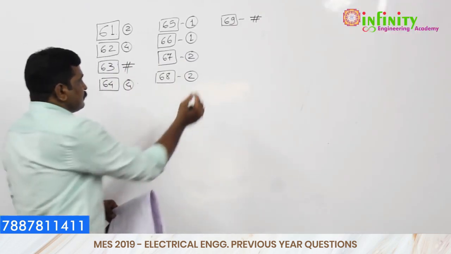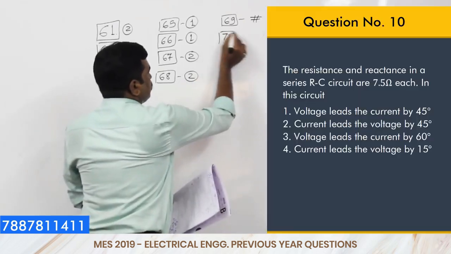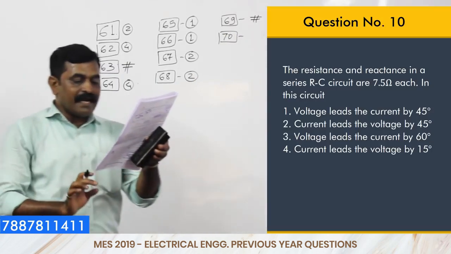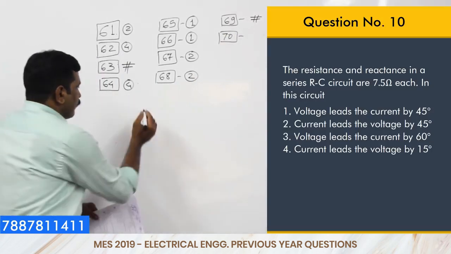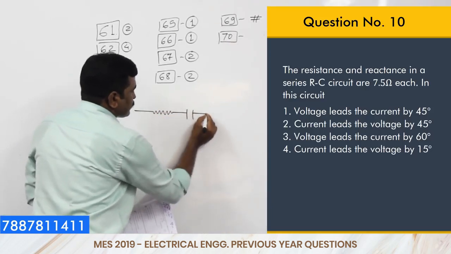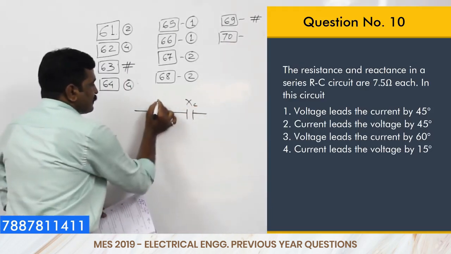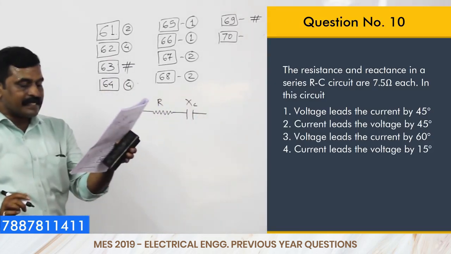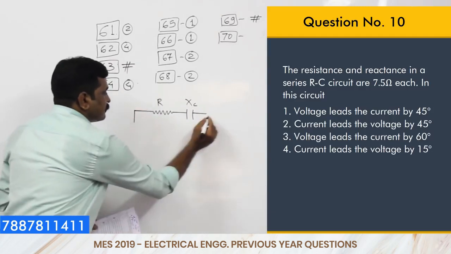The last question is question number 70. Here, what is the question? The resistance and capacitive reactance XC, and this is R. So this is nothing but the resistance and capacitive reactance in a series circuit.